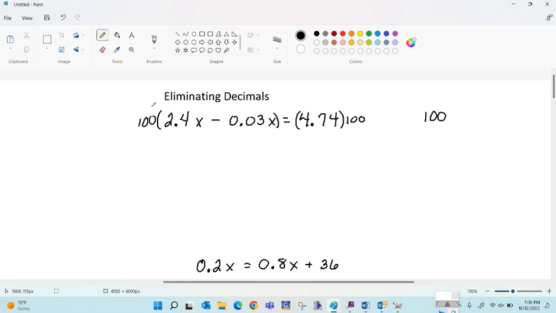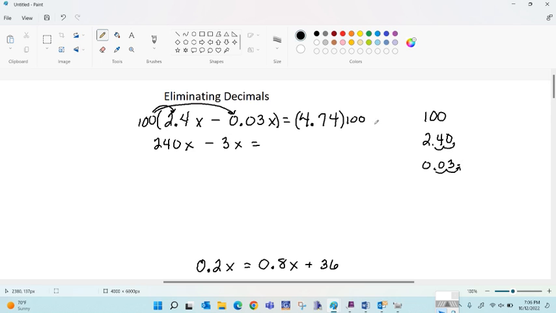Now remember, when you multiply by a power of 10, you're just moving decimal places. So 100 times 2.4 moves the decimal place 2 this way, so I get 240x. 100 times 0.03 moves it 2 places, and it lands right here, so I get just 3x.